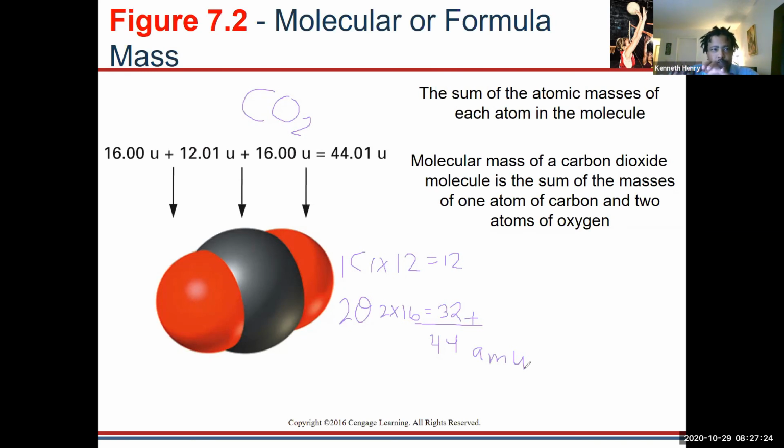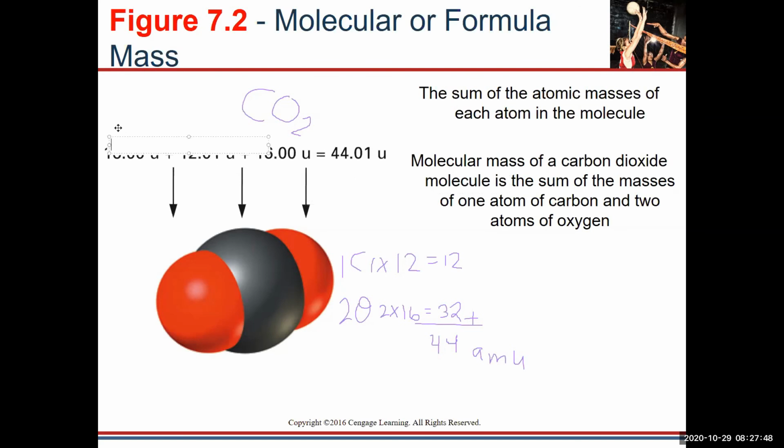So if it's covalently bonded, we call it molecular mass. If it's ionically bonded, we call it formula mass. That's it. The same way of doing it though. You guys get it? Can you repeat that one more time? Sure, I'll even put it on the screen. Covalently bonded.